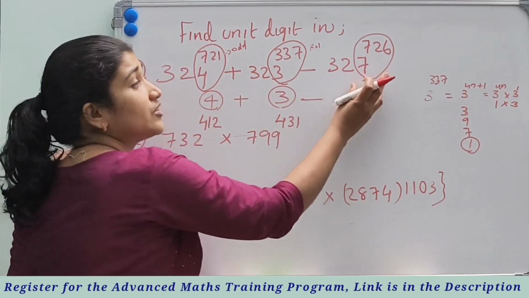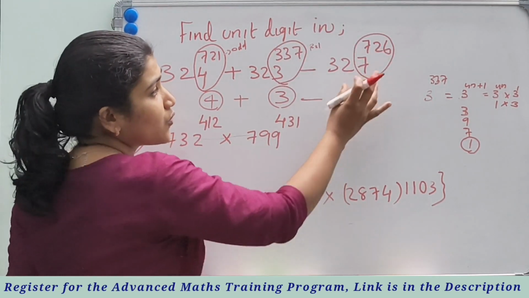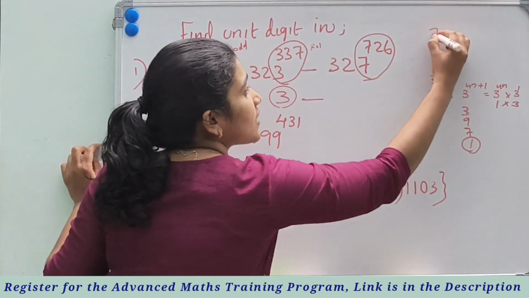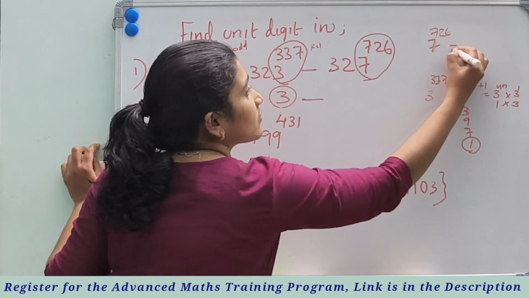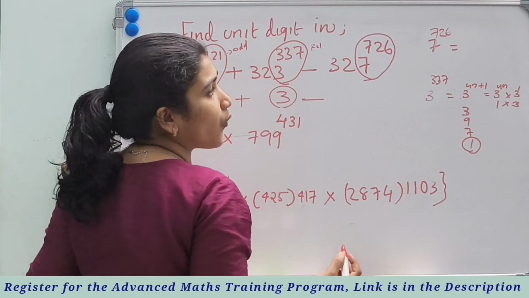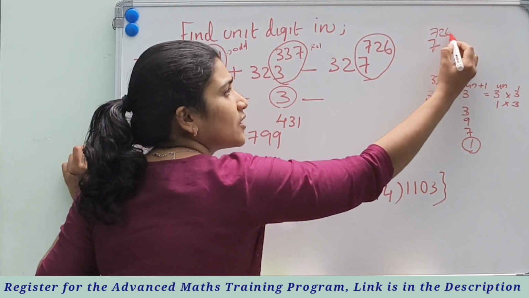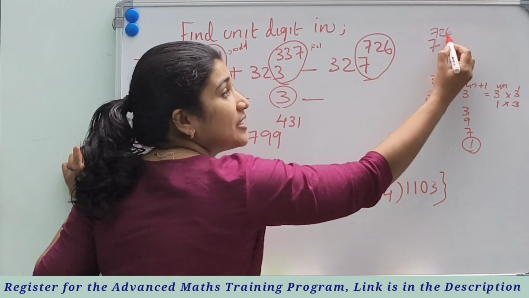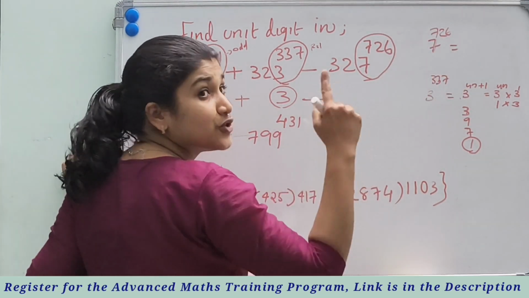Now let's check with 7 raised to 726. I can also write it in the form of 7 raised to 4n. Here 7 raised to 726, 72 is a multiple of 4. Now remaining is 6. So 4 goes 1 time in 6, which means the remainder must be 2.